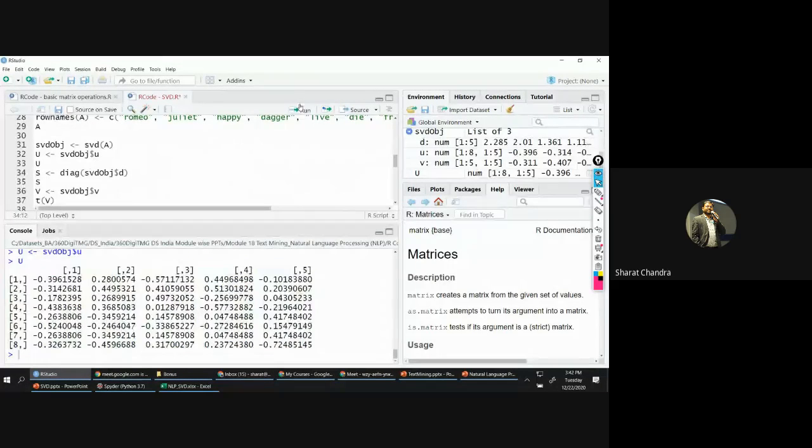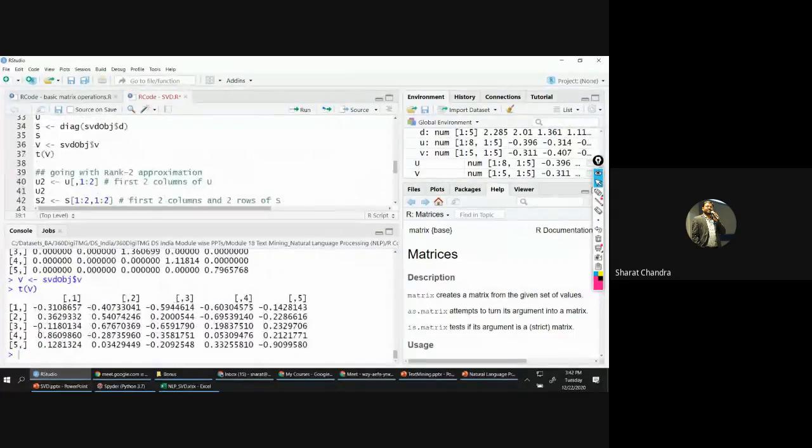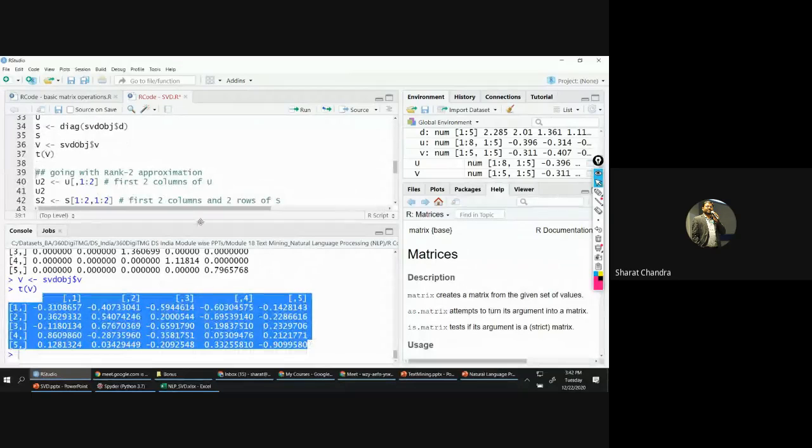And the diagonal matrix, if you see, only the diagonal will have the values. And then V transposed. So if I multiply all these three, we get the original matrix back. That's the SVD technique.